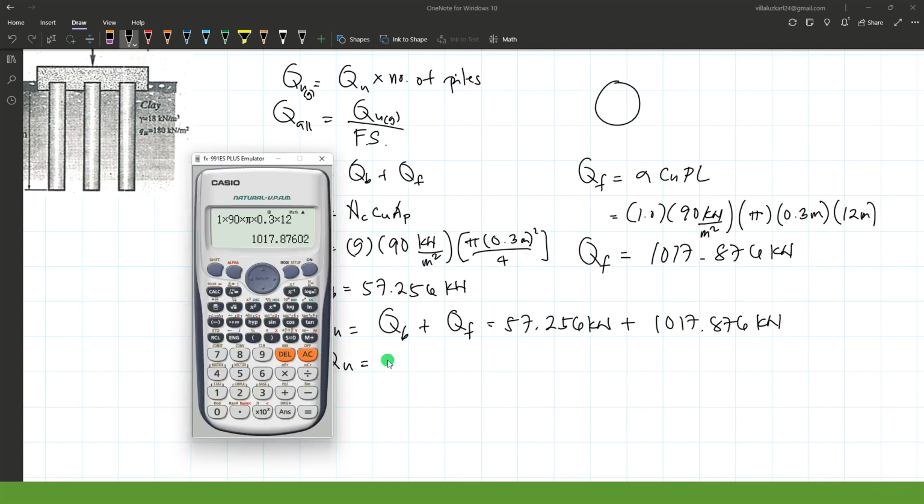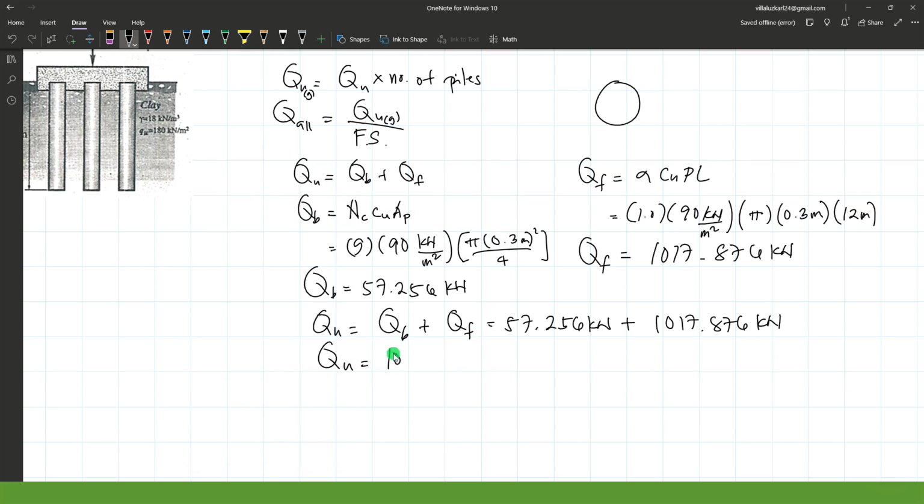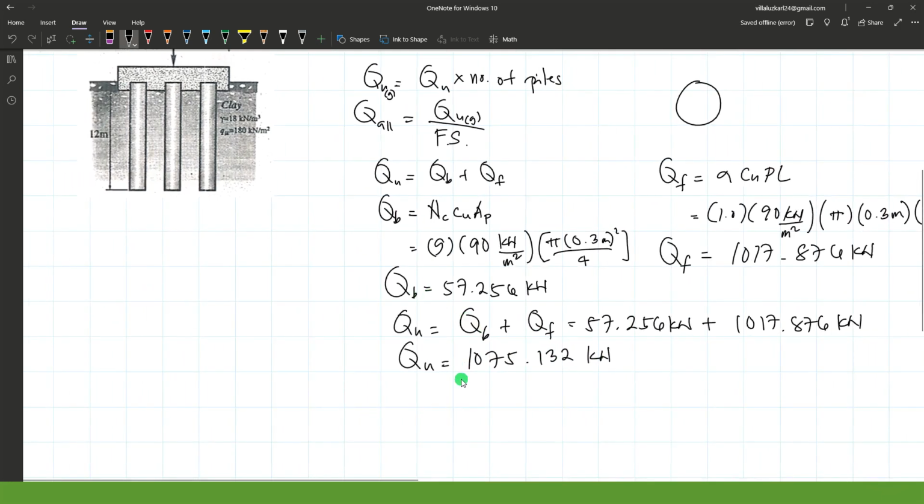That's your QU, which is 1075.132 kilonewtons. That's the ultimate bearing capacity.